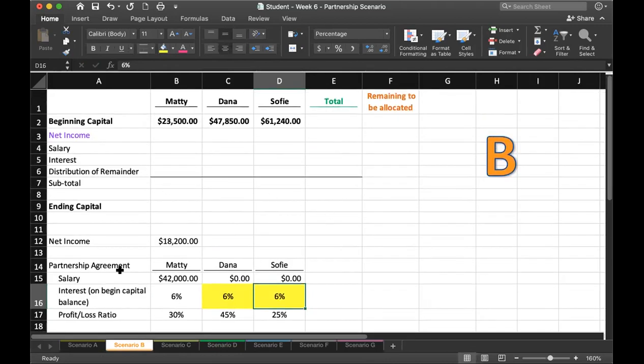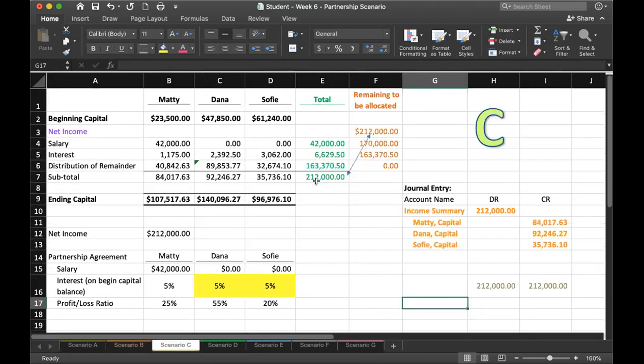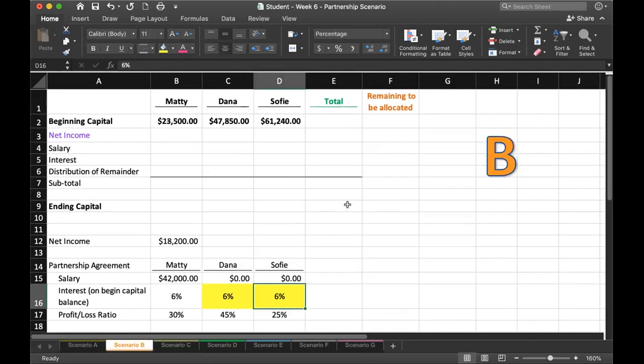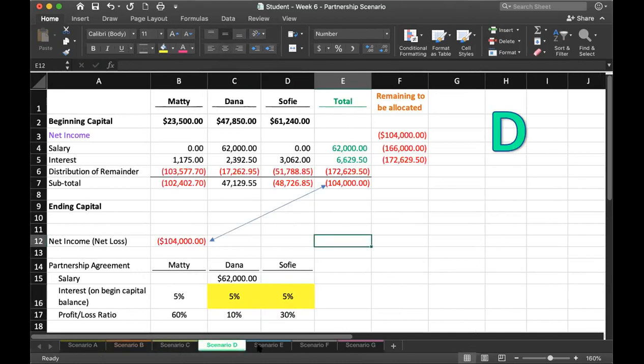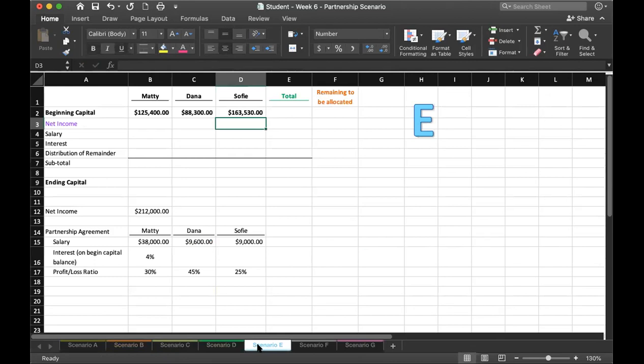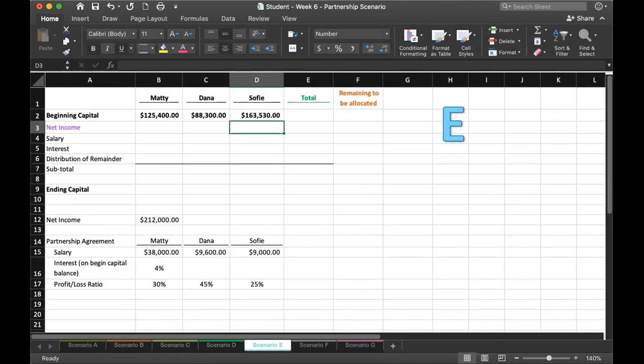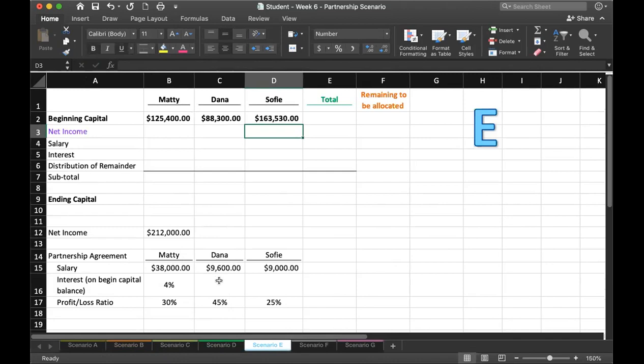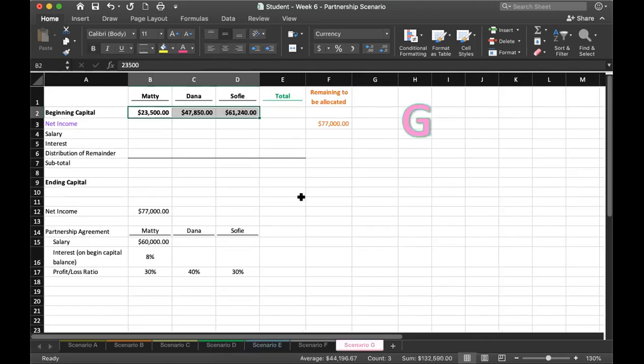This is for scenario B. We did see, so, and I'm going to post this file that has the completed works in Leo, so you can also download it from there. Let me see here. I'm highlighting these just so you remember that everybody gets this interest. And everybody gets the interest here.